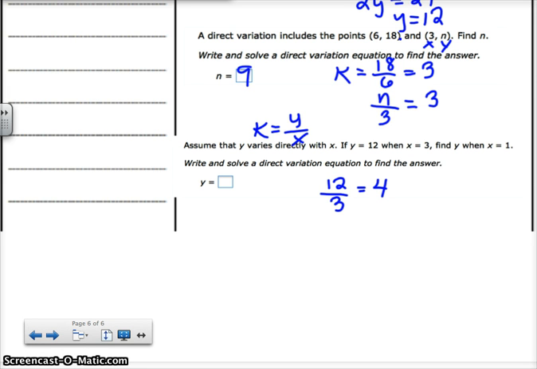I apply it here. Find y when x equals 1. I don't know y, I know x, but I do know they need to have the same ratio. Y is 4. And that is it.